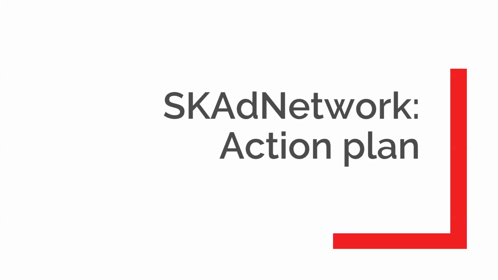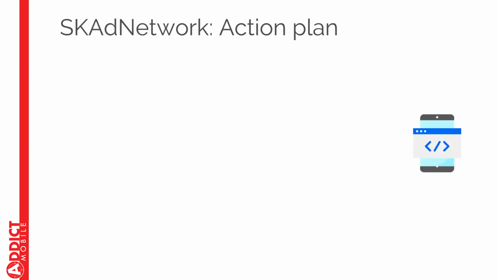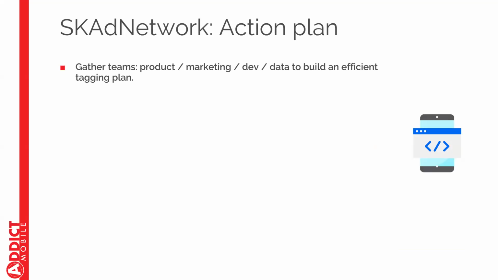What's the action plan then regarding the SKAdNetwork? I would really recommend gathering the teams, the product team, the marketing team, the development team, the data team, to build an efficient tagging plan, so you make sure that your 6-bit conversion value will be well integrated.